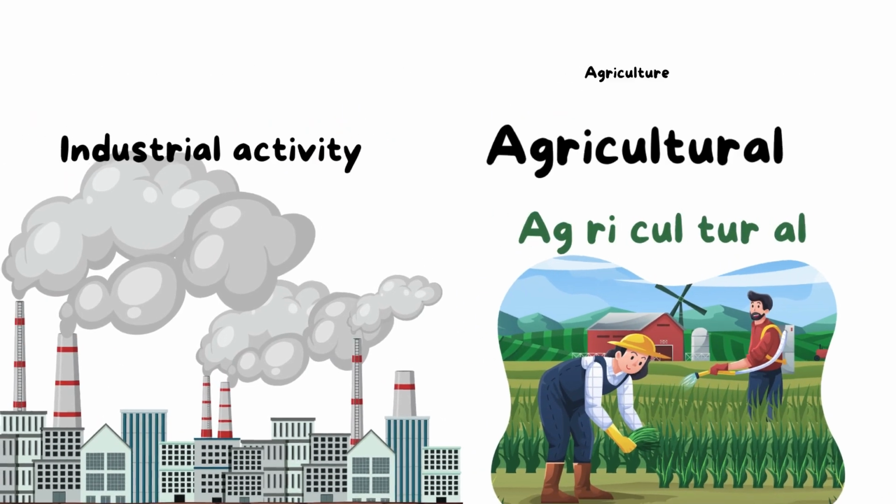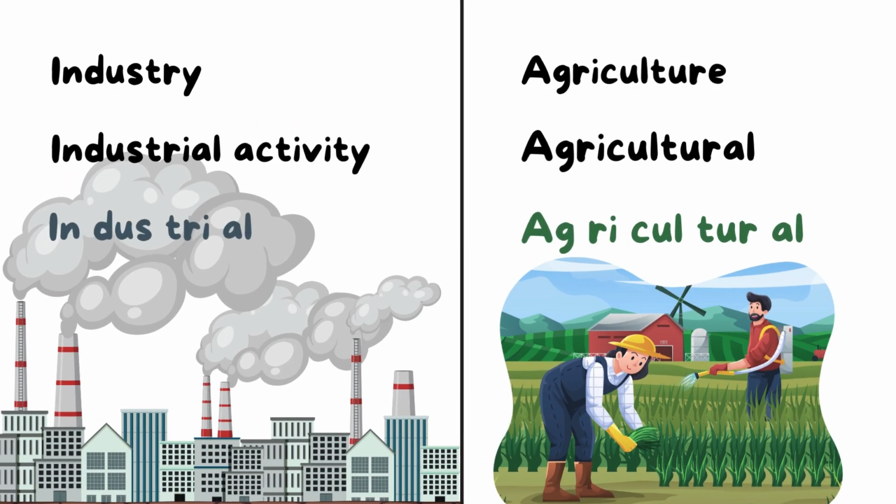So the word industrial comes from industry, and we can easily write this word as in, dus, try, industry, then we have al, industrial.